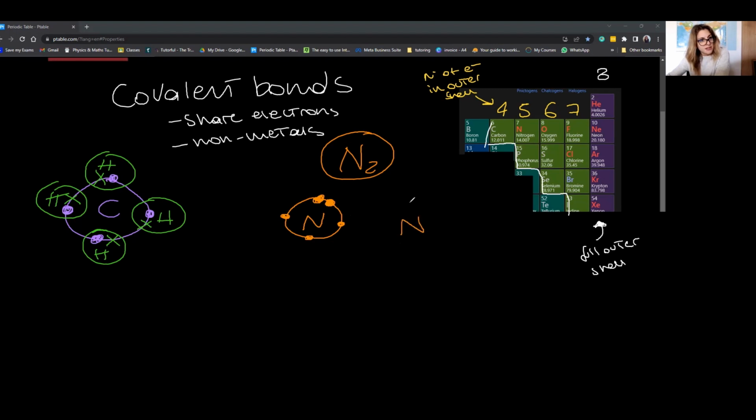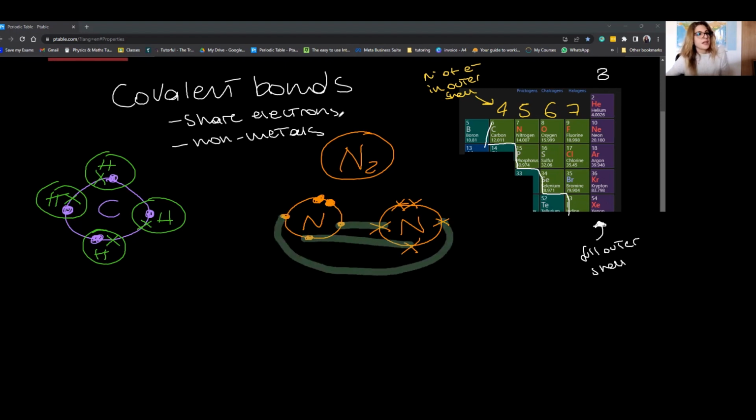If you have another nitrogen atom over here, let's give it crosses now. Guess how they will bond together? Remember that 2 electrons always join in a share. So how many can they do? 3.